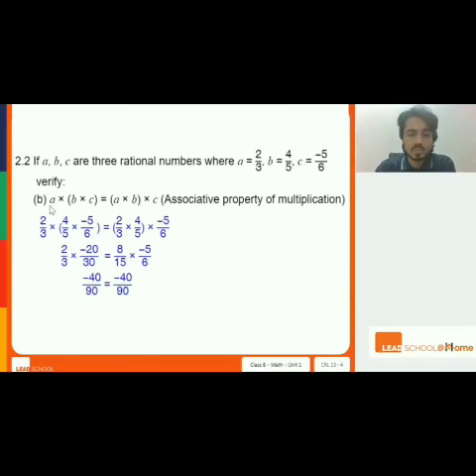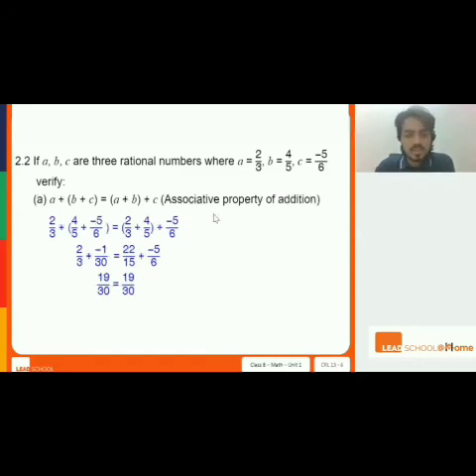Similarly, in part B, we can see that we get the same answer, that is negative 40 by 90 in both cases. So this is the associative property of multiplication, and this was the associative property of addition.